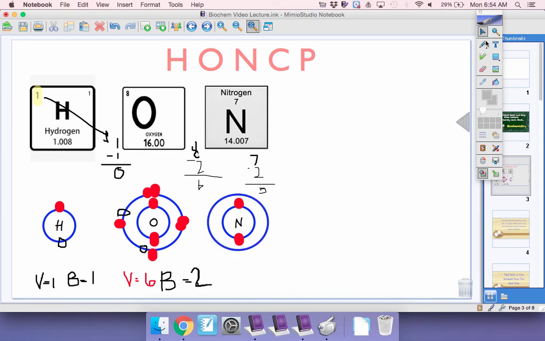We have to go out to our next level. We put 5 electrons in our outside level, 1, 2, 3, 4, and 5.